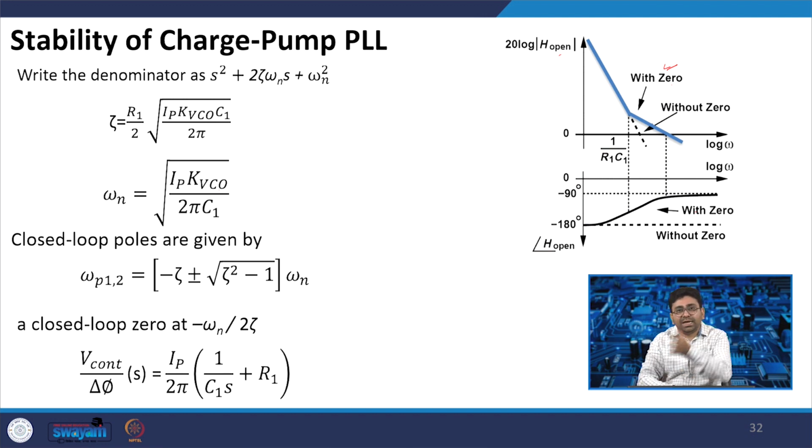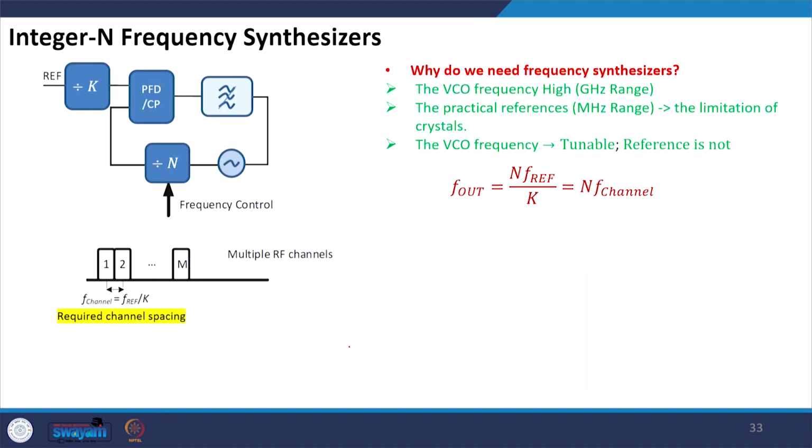So, synthesizers can be designed for different applications, and it will be useful in the transceiver design. So, we have discussed the PLL.